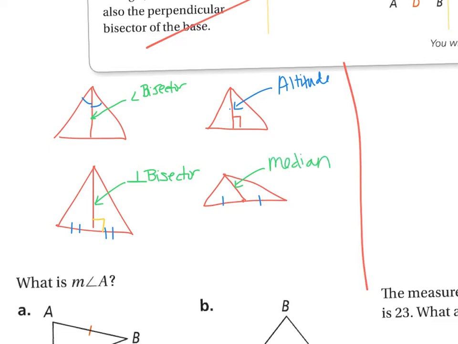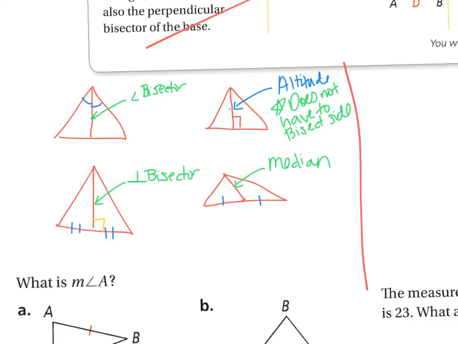Okay, so altitude is when it makes a right angle. Let's write this so we don't forget. It does not have to bisect the side. Okay, it can, but it does not have to bisect and say this is congruent to this. That's not necessarily true. It just has to make a right angle. The median has to bisect the side across from it. Okay, so we've got all that.